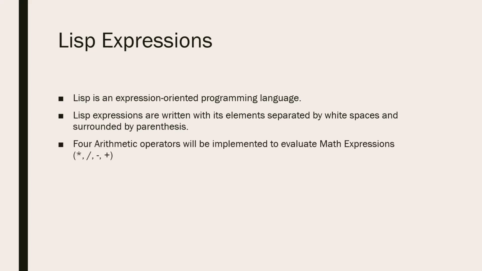Four arithmetic operators will be implemented to evaluate math expressions: multiplication, division, subtraction, and addition. Example expression: parenthesis start, plus operator, 1, 2, parenthesis close. This is a Lisp expression. It has 3 atoms: plus, 1, and 2.